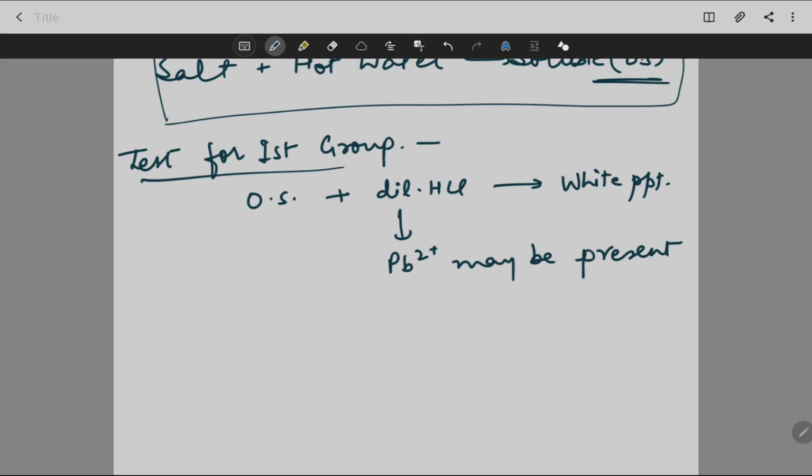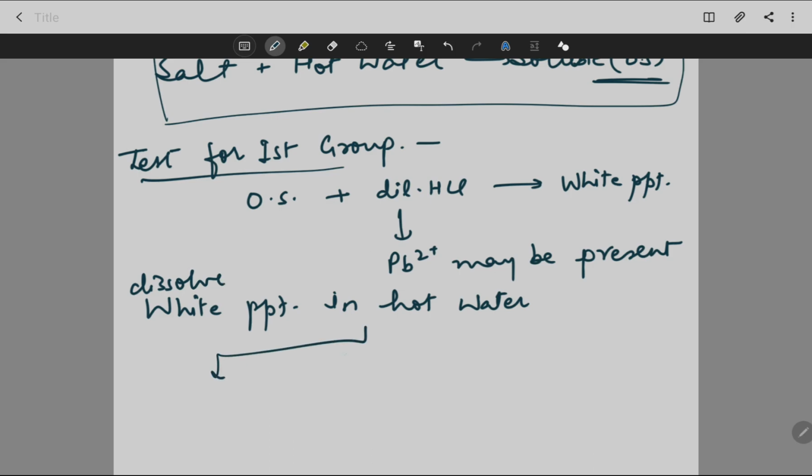Now, what are the confirmatory tests for it? Whatever white precipitate we received here, dissolve it in hot water and divide this clear solution into two parts.